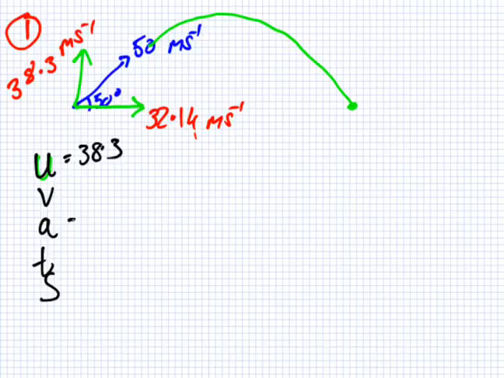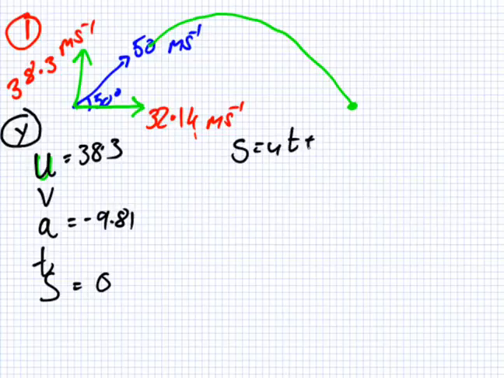38.3 minus 9.81, 0. I'm looking at the Y. So you have S equals UT plus a half AT squared.